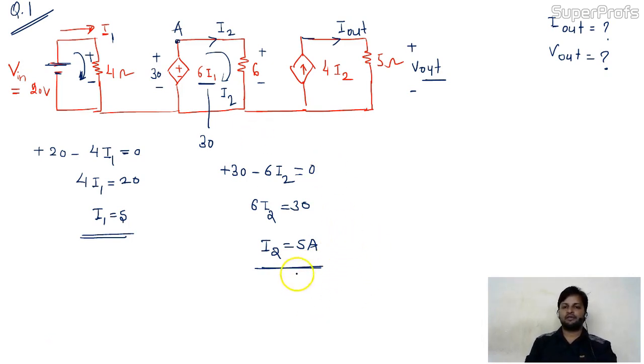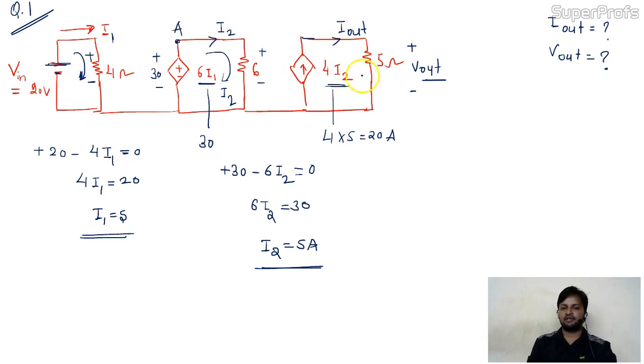Once you get the 5 ampere, you directly get the value of this dependent source, because this dependent source is depending on I2. So the value of this is 4 into 5, 20 ampere. This source current is nothing but the mesh current, I out.